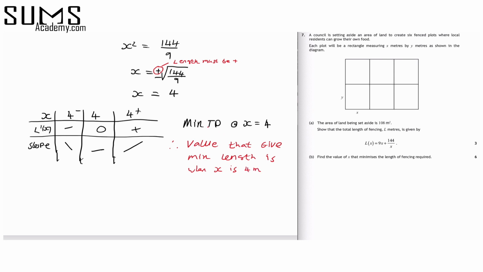They haven't actually asked you to figure out what the minimum length is. What you'd have to do is put 4 back into this equation, and that would give you your minimum length.